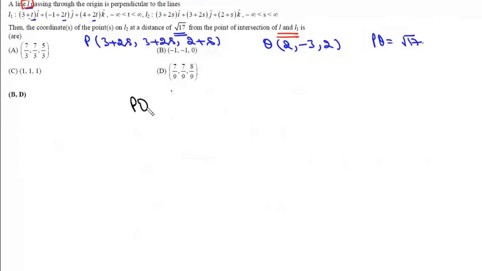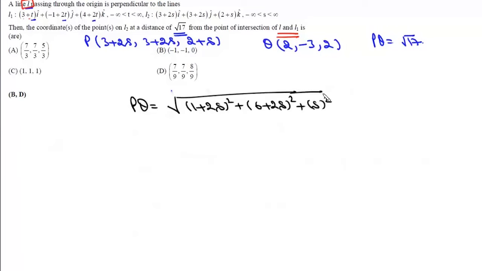Now if we write PQ, it will be under root of, now 3 plus 2s minus 2 will be 1 plus 2s whole square, plus 6 plus 2s whole square, and here will be plus s square, and it will be equal to under root 17.